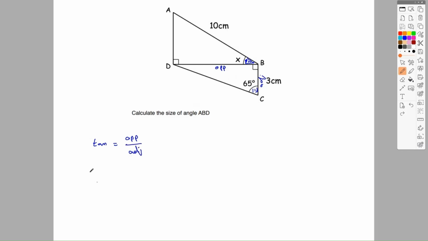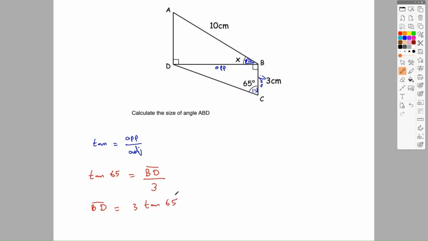So let's solve this one. We have tan 65 equals the opposite, which is line BD, over the adjacent 3. Multiply both sides by 3, and we have BD equals 3 times tan 65.